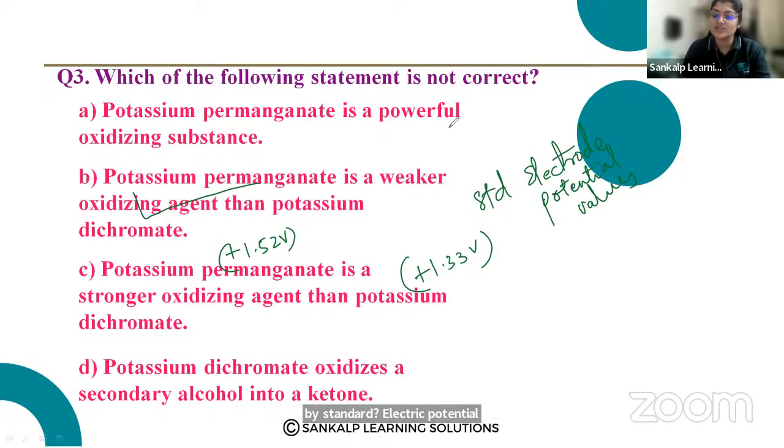It is a way of measuring how easily a substance loses electrons. If the values are more negative, it releases electrons more readily. If the values are positive, it releases electrons less. So option B is the wrong statement.